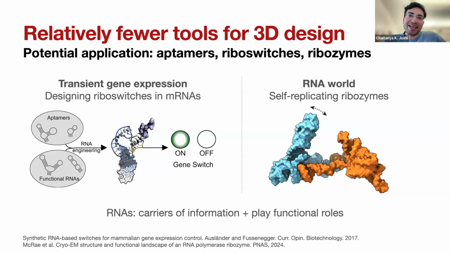In both these applications, RNAs carry information, they carry the genetic code, but they also play functional roles. And it's really interesting how diverse RNA can be. These are just some of the applications that we might want to design RNA from a tertiary perspective for.